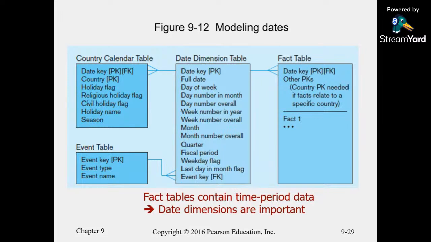Because data warehouses and data marts record facts about dimensions over time, date and time is always a dimension table, and a date surrogate key is always one of the components of the primary key.